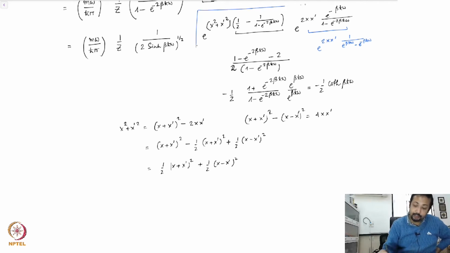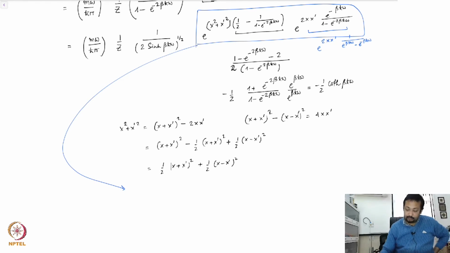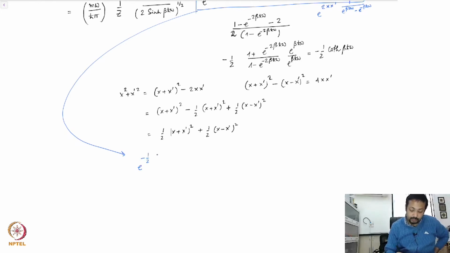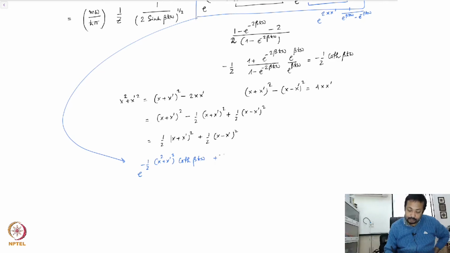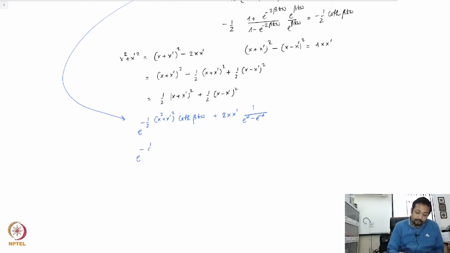so that the exponential part that we have over here, let's write them down this way, is going to be e to the power minus half (x square plus x prime square) cot hyperbolic beta h bar omega, and then I have plus 2x prime times 1 over (e to the power alpha minus e to the power minus alpha), which we will write down as minus half (x square plus x prime square) cot hyperbolic alpha, where we have identified alpha as beta h bar omega, plus 2, this has to be 4x and x prime, 1 over (e to the power alpha minus e to the power minus alpha).